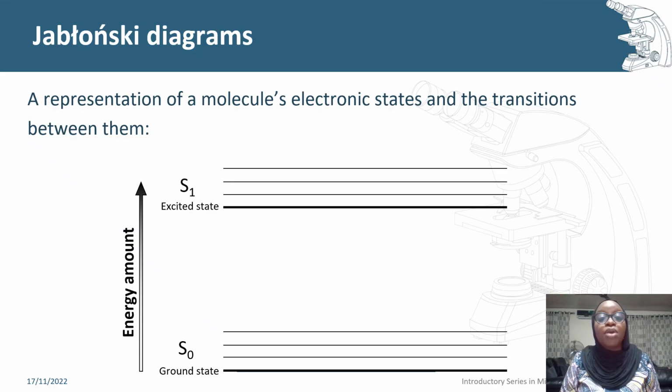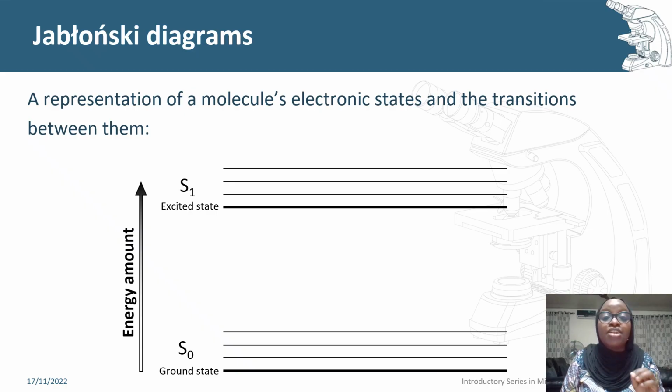When a molecule absorbs a photon, it gains the energy of that photon. If the composition or structure of that molecule is appropriate, some of that energy goes to the electrons.